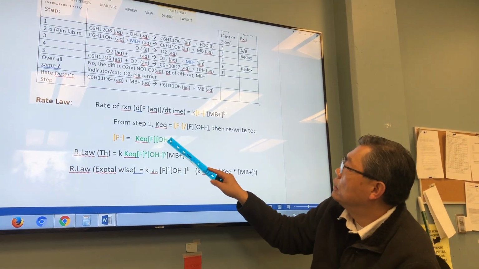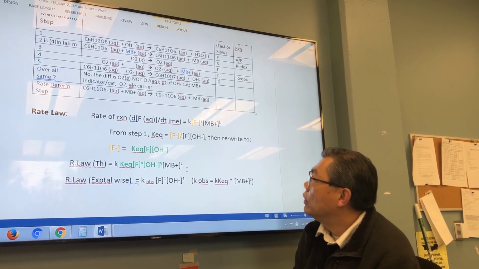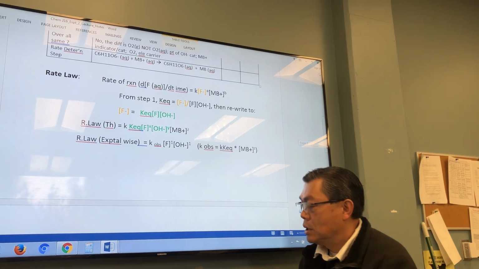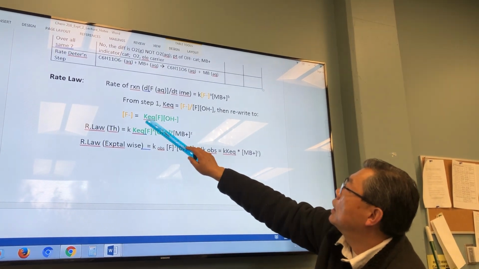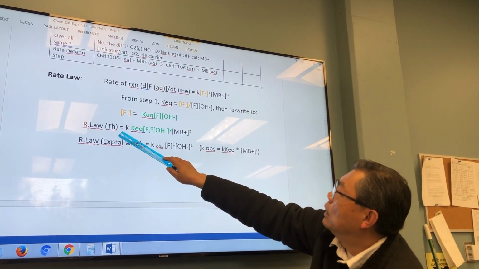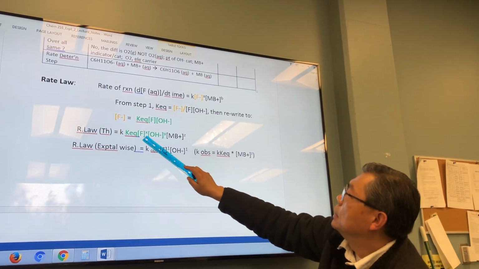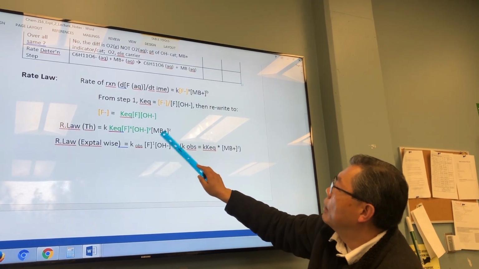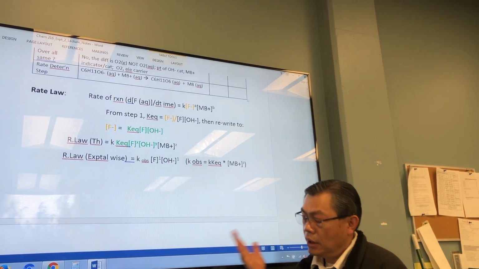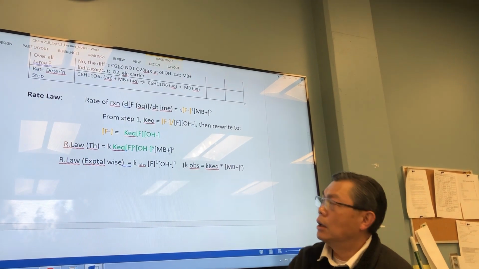Now we can substitute this back to here. So when we substitute the anion back into the rate law, the rate law is equal to K, the rate constant, times the equilibrium constant, times photo, hydroxide and methylene blue. Now all these are initial concentrations we know, and there is no more intermediate. So that's your rate law.